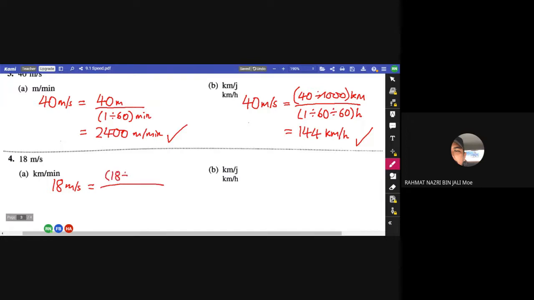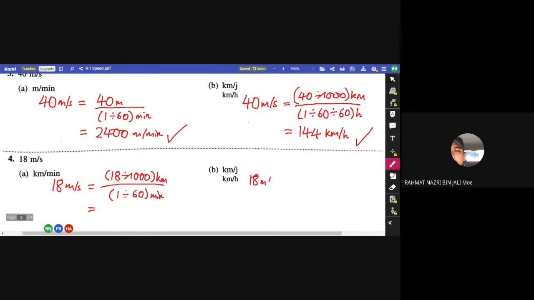Eighteen divided by 1,000. Okay, and the second convert to minute, so divided by 60. 1 divided by 60. Okay, what's the answer?